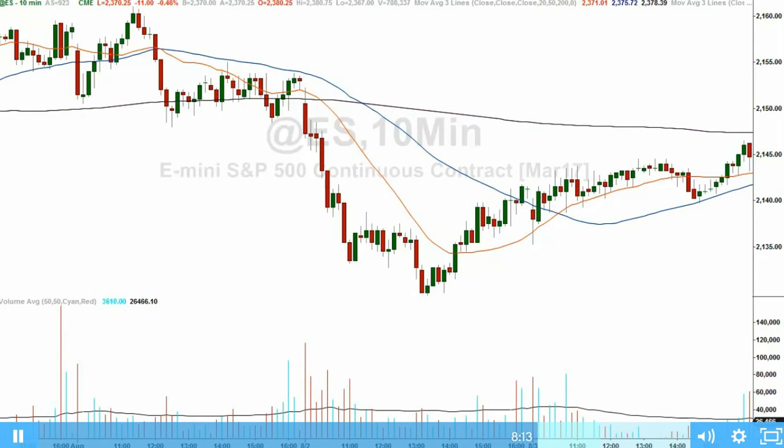The 200-period moving average is a much slower moving average. Therefore, the market will tend to respect a 200-period moving average more so than the 20 and the 50. And when I say respect, what I mean is it tends to be more of a longer-term support or resistance point.